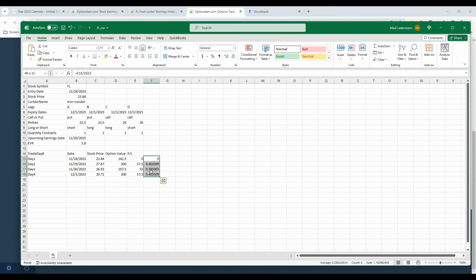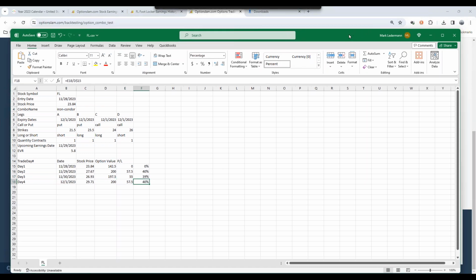And then I can change these to percentage. And I can see that I made 40% profit against risk. A little less profit on day 2, but then on day 3, the final expiration date, 40% profit.